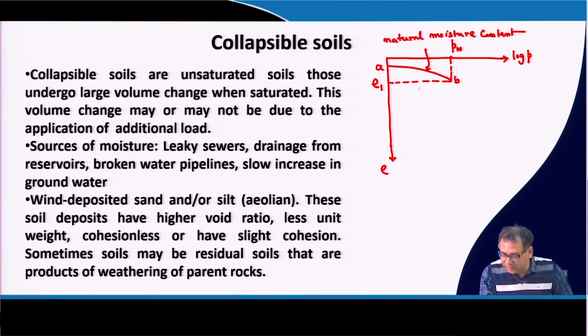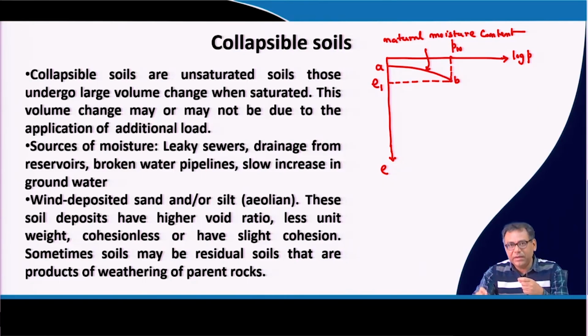If we apply the stress, the void ratio will decrease, and then at this point B the soil is saturated. So, A to B is under an unsaturated condition or natural moisture content condition. When we apply the stress, the void ratio decreases, and AB is the path of that soil under natural moisture content condition.